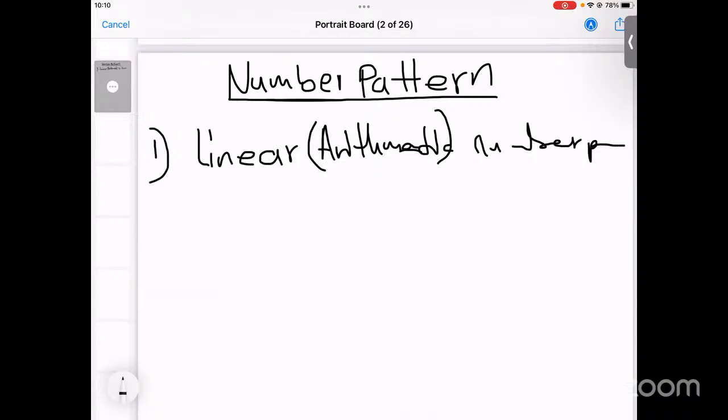Number pattern, yes. Okay, maybe what is it that you need to know about a linear or arithmetic pattern? So the pattern increases or decreases by the same value each time.